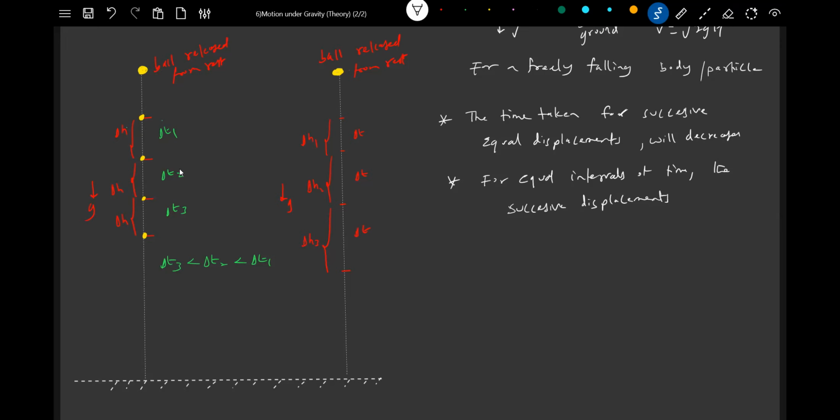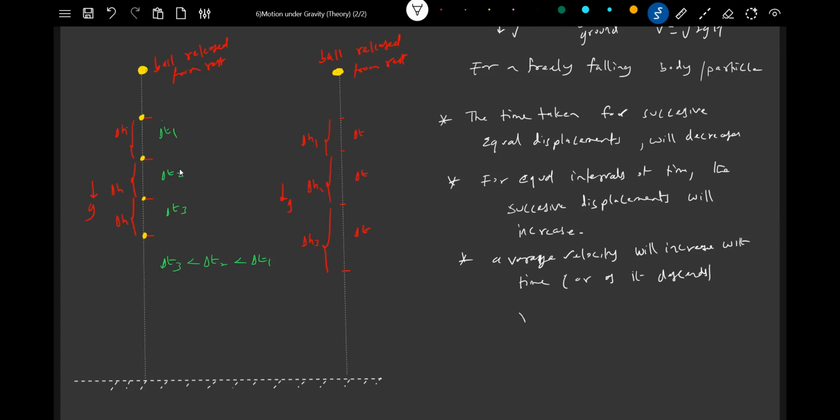For equal intervals of time, the successive displacements will increase. Okay, there's one thing. Anything can we say about average velocity? Average velocity will increase with time or as it descends.